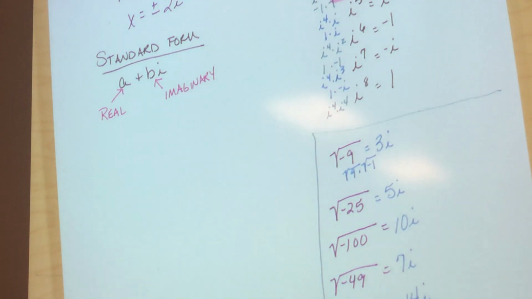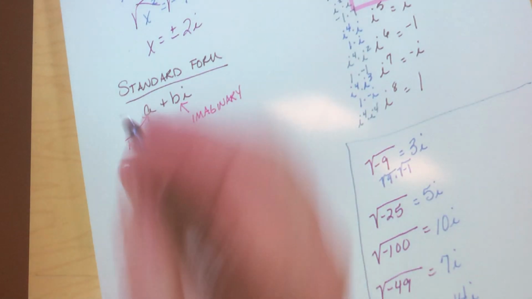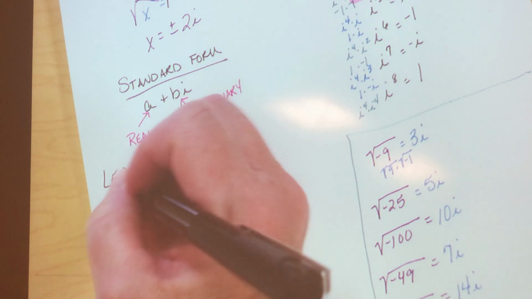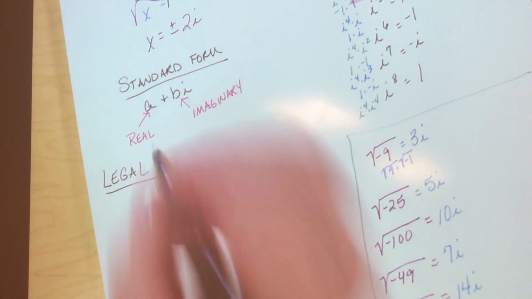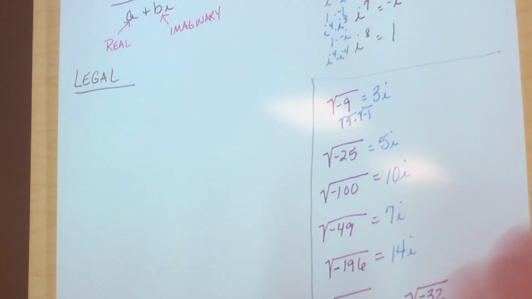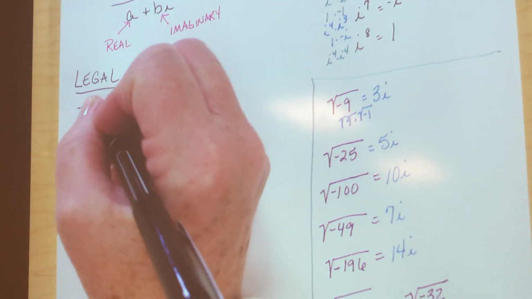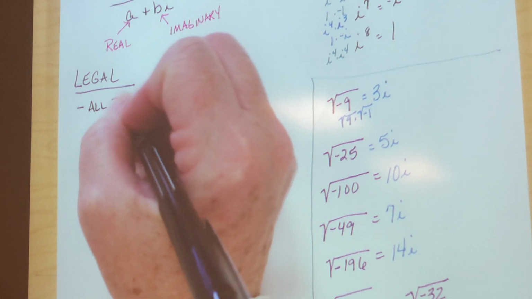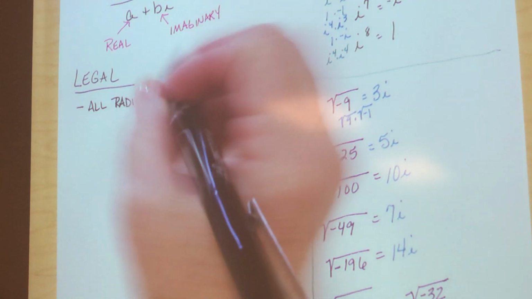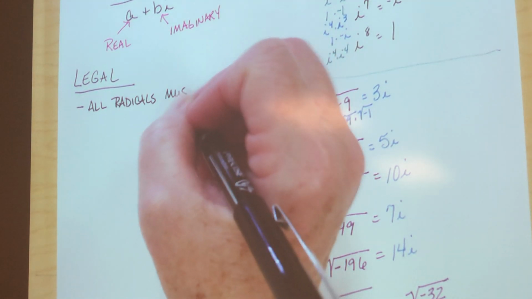Okay, so one last thing and then we'll stop. We want to write what's legal. What's legal in this classroom? What's legal for your answers? What will cost me points or everything in that one problem? So first of all, radicals must be simplified.